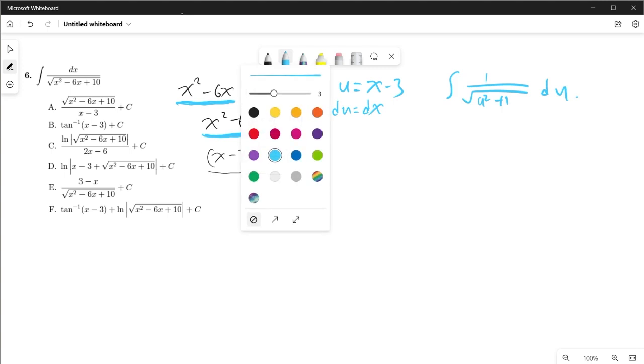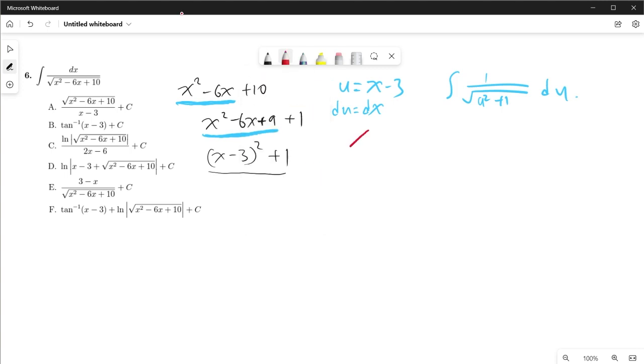In that case, I can again draw a triangle. Since it's the sum of squares, I will have u, 1, and then the hypotenuse will be the square root of u squared plus 1. In this case, tangent theta would be u over 1, which would be u. So then du will equal secant squared theta.